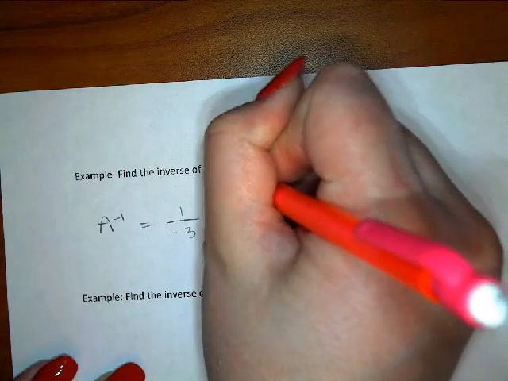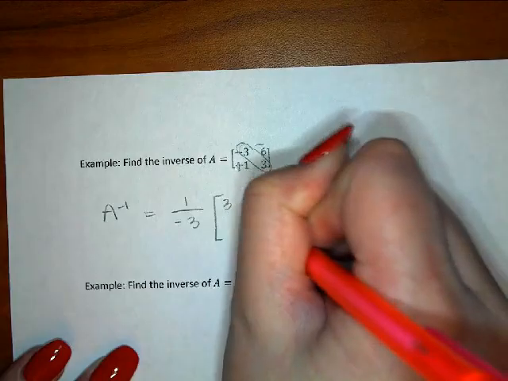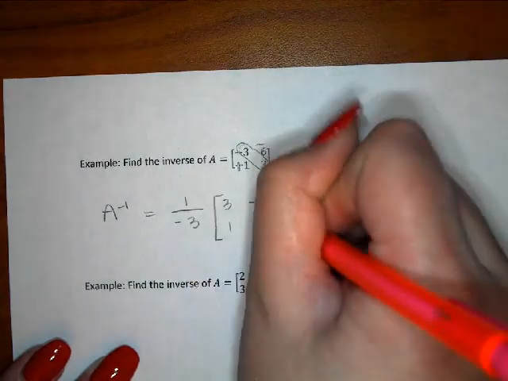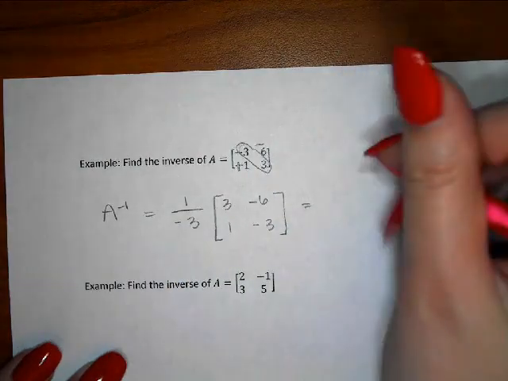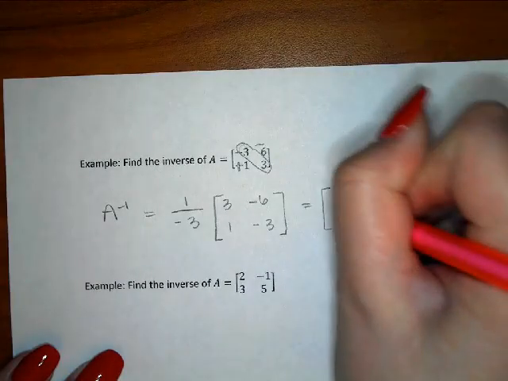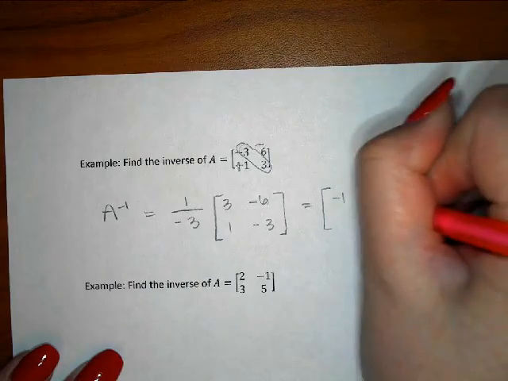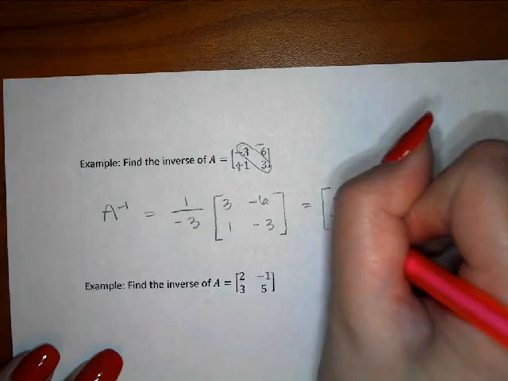So 3 and -3, switch the order, change the sign. And then I can go through and do that scalar multiplication. So 3 times -1/3 is -1. -6 times -1/3 is +2. 1 times -1/3 is -1/3. And -3 times -1/3 is +1.